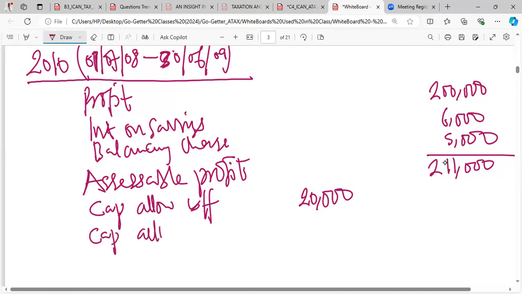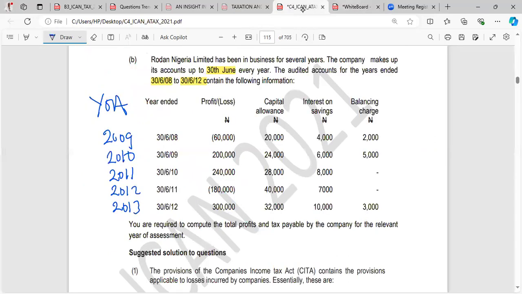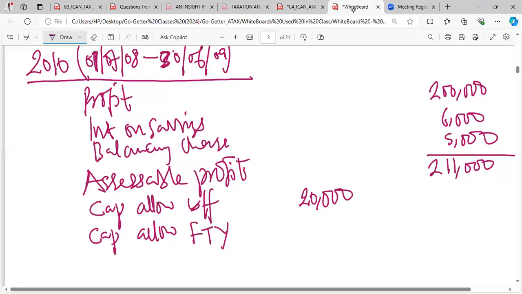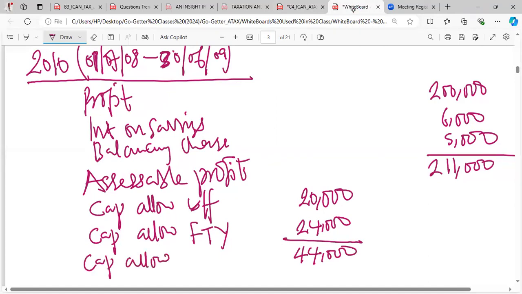Capital allowance for the year, that's 24,000. You add them up, this should give you 44,000. So this is capital allowance claimable.